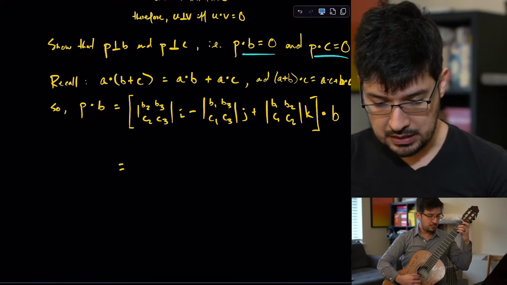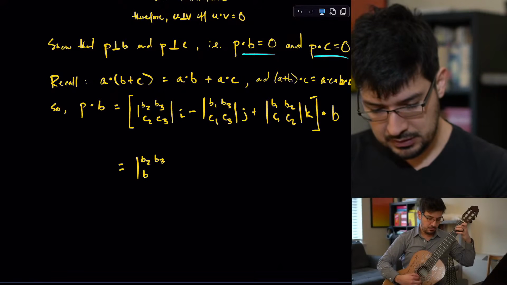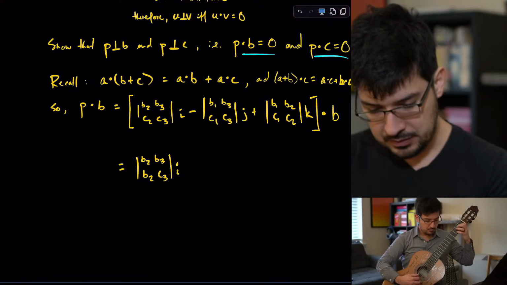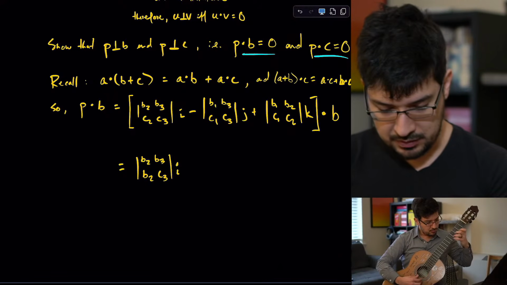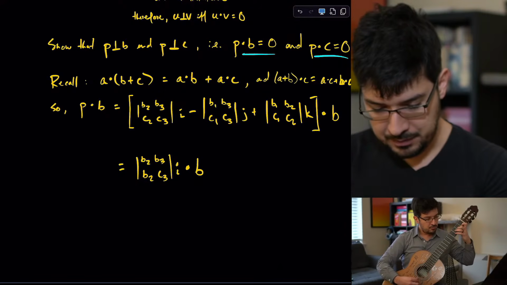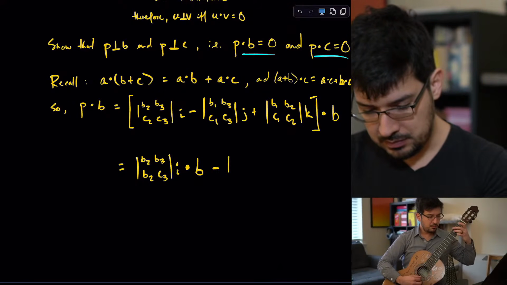So now we have the determinant B2, B3, C2, C3 times the vector I dot product with B. So I'm distributing through the dot product.